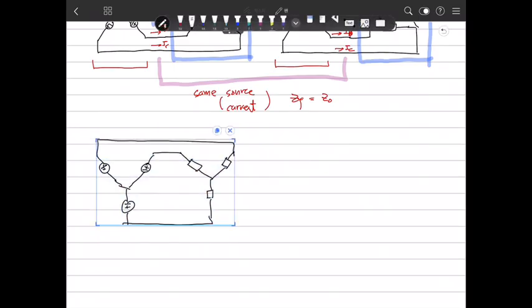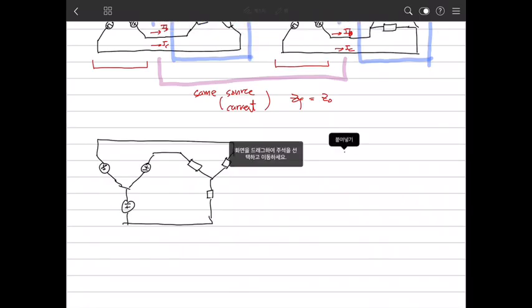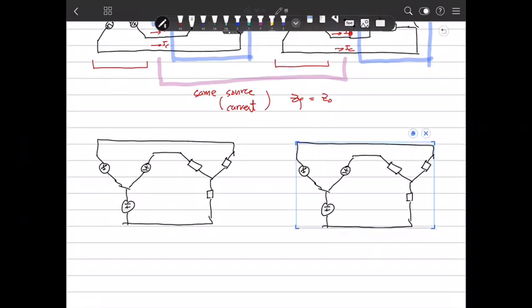Or we have the same impedance, same load, but the source has a different configuration.